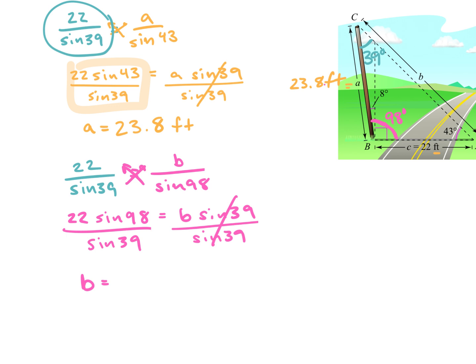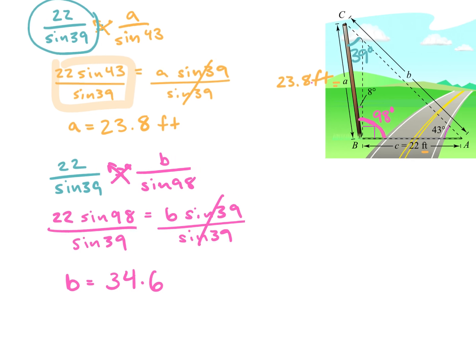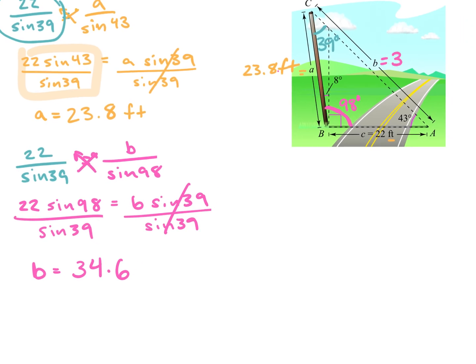So B is equal to 22, we're going to put this in the calculator. 22 times sine of 98 divided by sine of 39. That should give you 34.6. So B is 34.6 what?